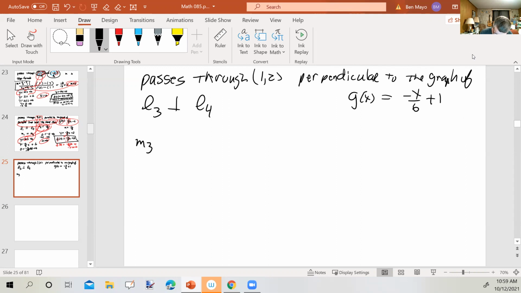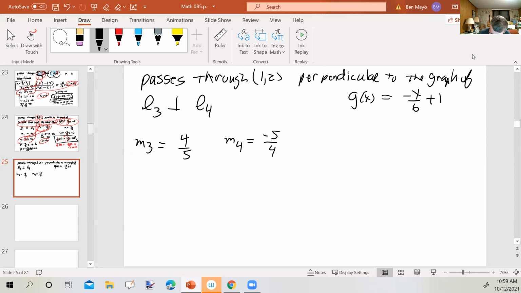The slope of 3 is 4/5. The slope of 4 would be negative 5/4. So parallel lines, same slope. Perpendicular lines, the slopes are negative reciprocal. So you're going to take the reciprocal and change the sign.